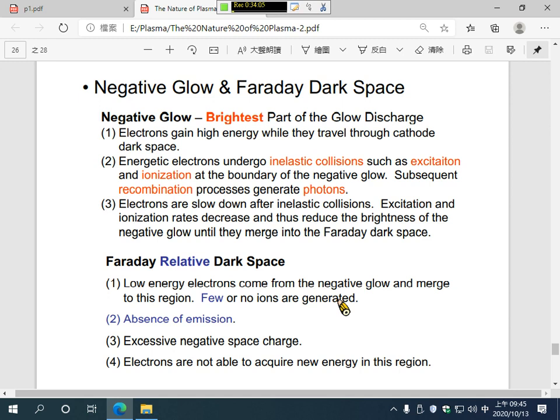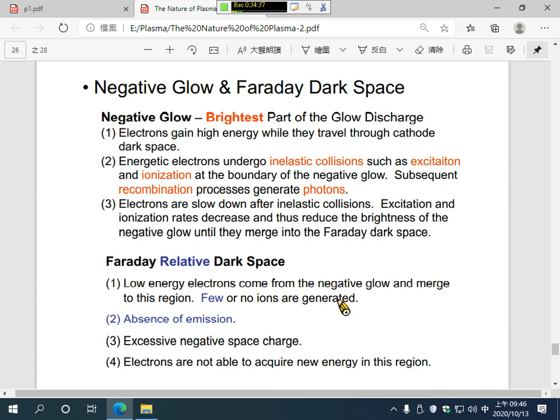And this part is the description of the properties and the reactions in the negative glow. So you have already known that there are excitation process and ionization process. And this process will subsequently induce the recombination or relaxation process.